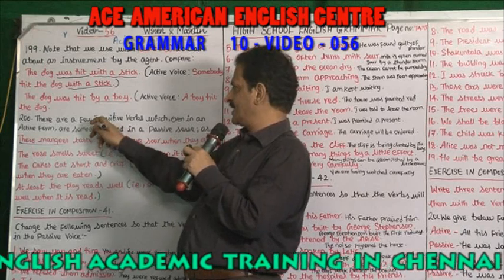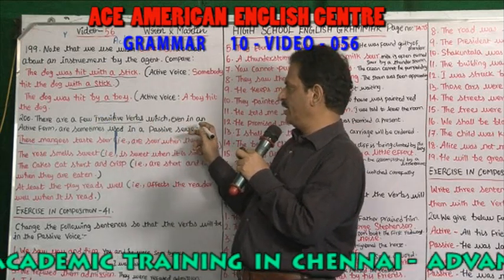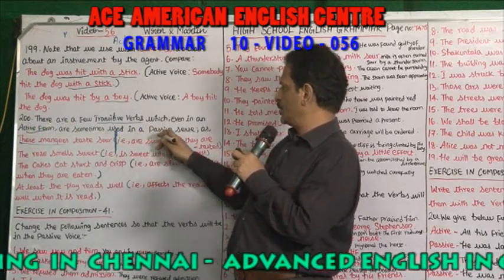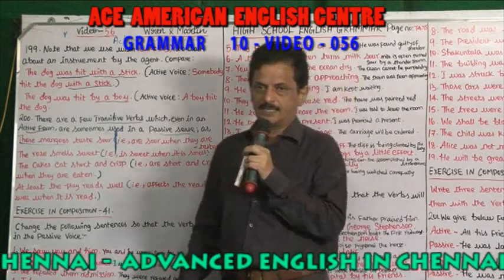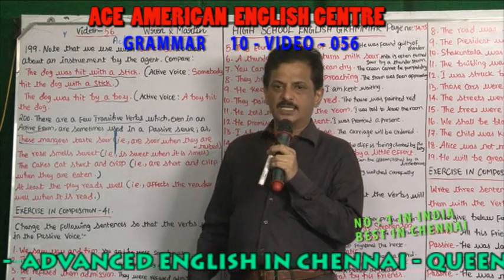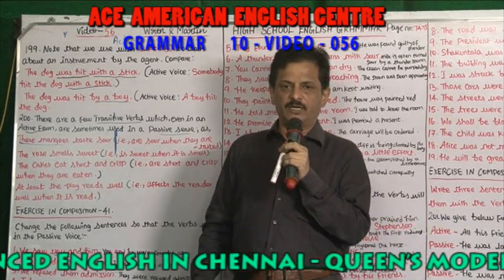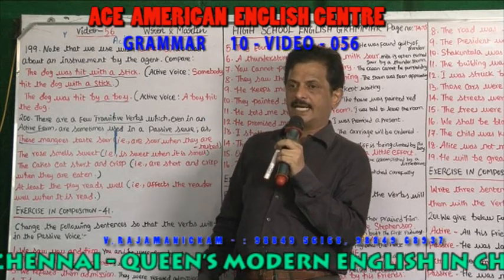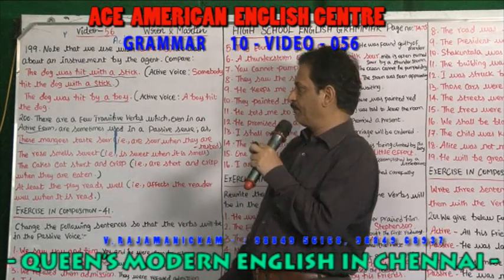There are few transitive verbs which even in an active form are sometimes used in a passive sense. So, some transitive verbs. What do you mean by transitive verbs? Which take an object. Even in active voice, it looks like passive.